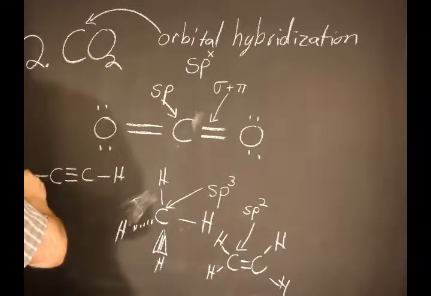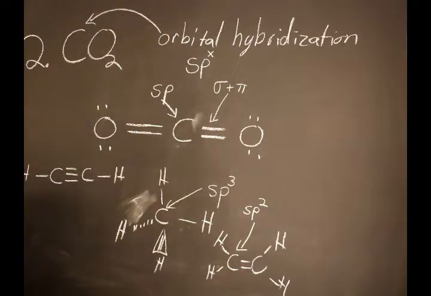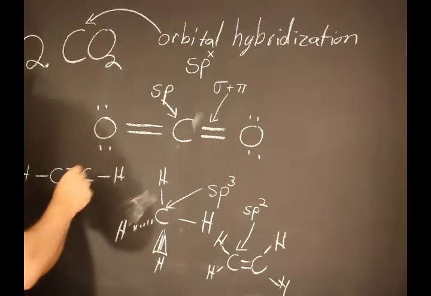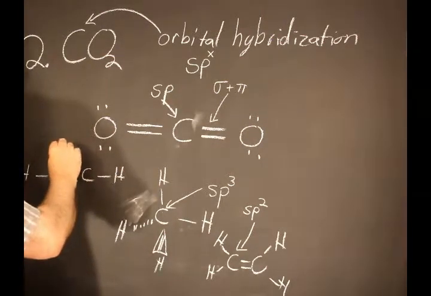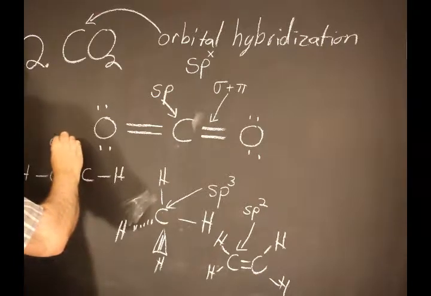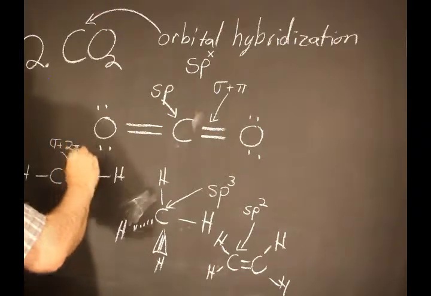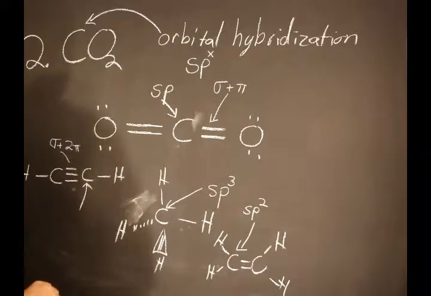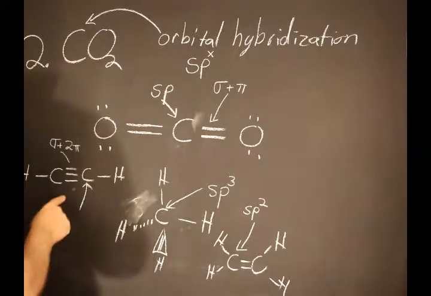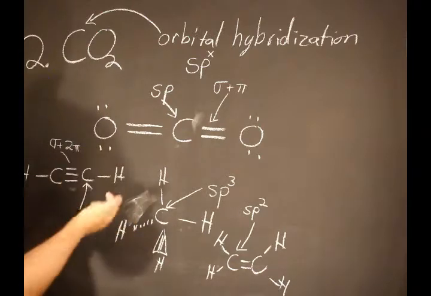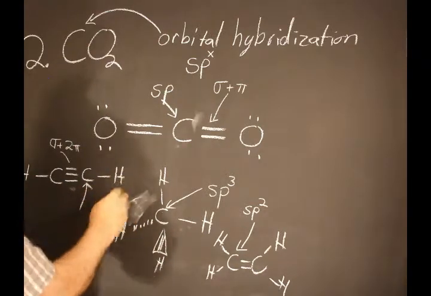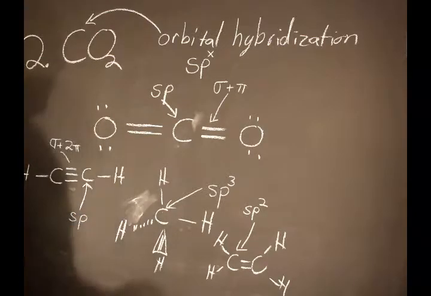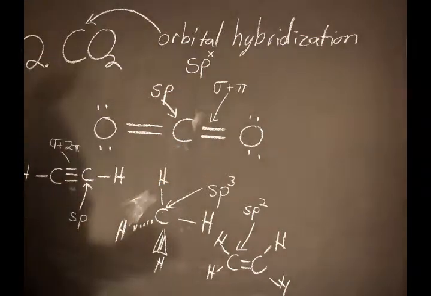If we have ethyne, which we call acetylene, now we have a triple bond. So this would be 1 sigma bond and 2 pi bonds. So that means between the carbons, we've got 2 pi bonds, but remember we've got the hydrogen here. So each carbon is only sp hybridized, which would be the same as this carbon.